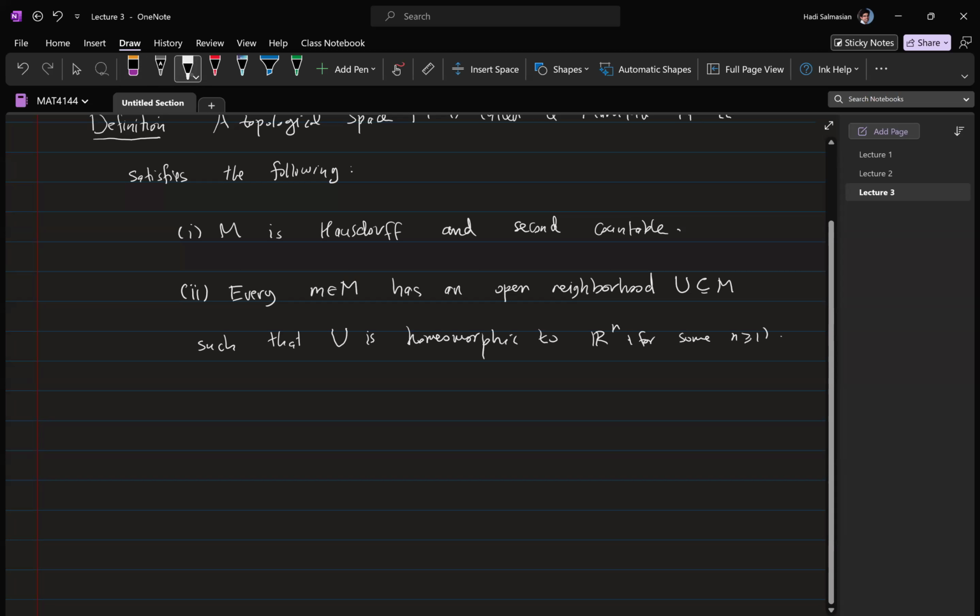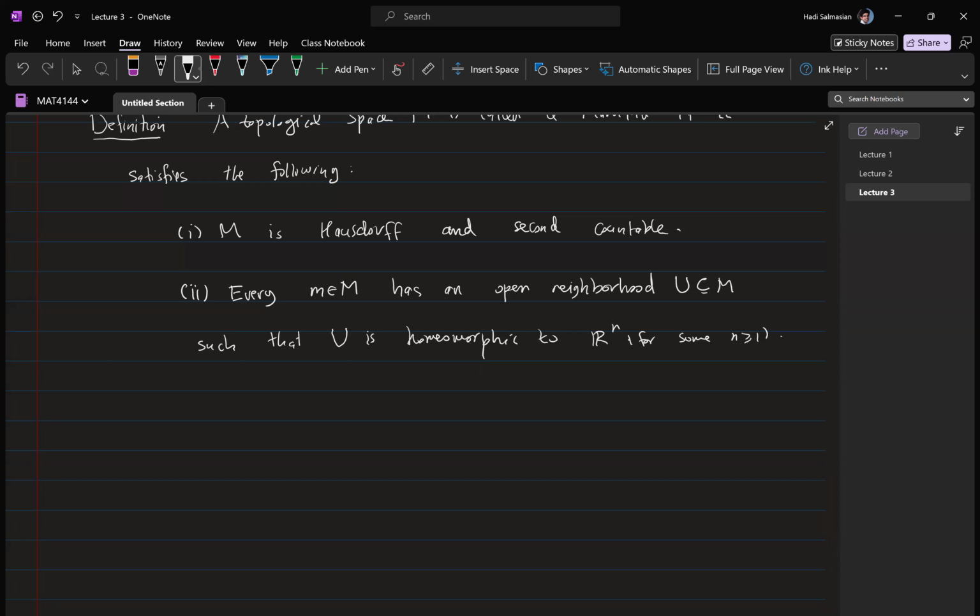I mean, if the space is connected, then you can see that the n will be constant overall. All these subsets should be homeomorphic to the same Rn. That's not a difficult argument at some level, okay? So you can assume it's always the same n, okay?